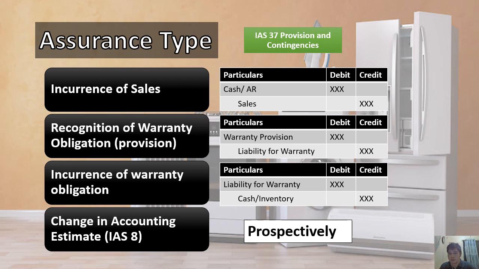So if the result is that we provisioned more than expected, then we have to reduce the provision. Therefore, there will be a reduction of provision expense. On the other hand, if the actual is higher compared to the provision, then we have to add another expense account since we have to follow the actual expense. So we just need to debit warranty expense, then credit liability for warranty.